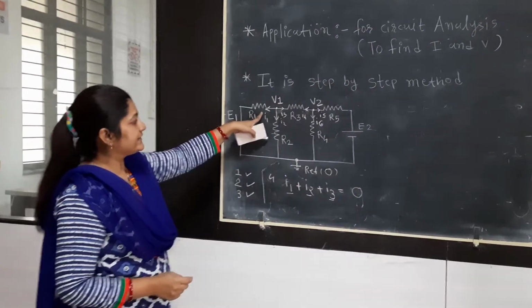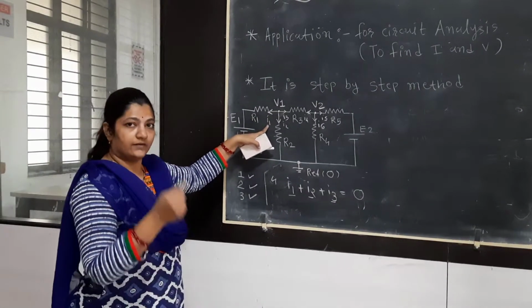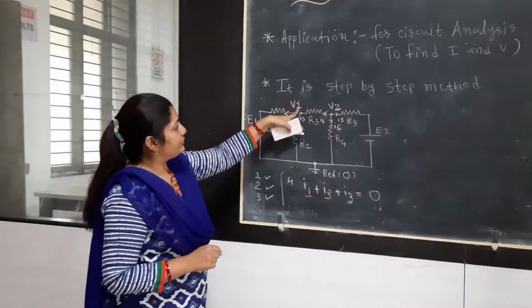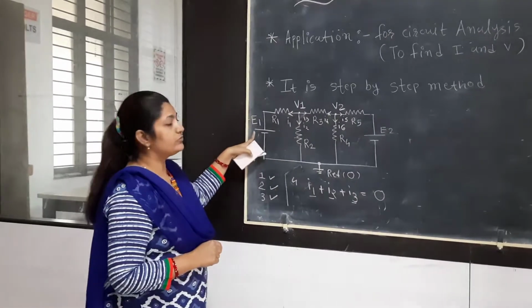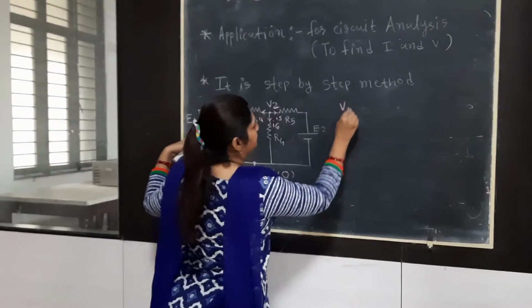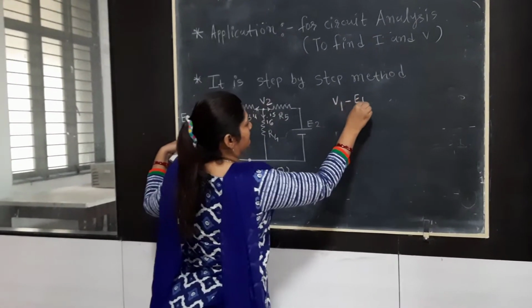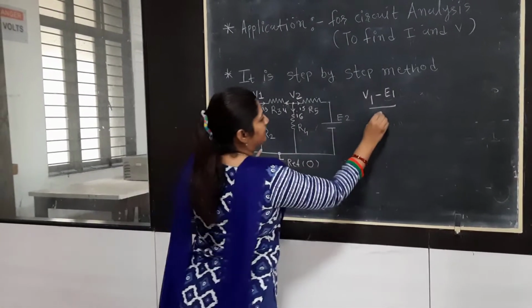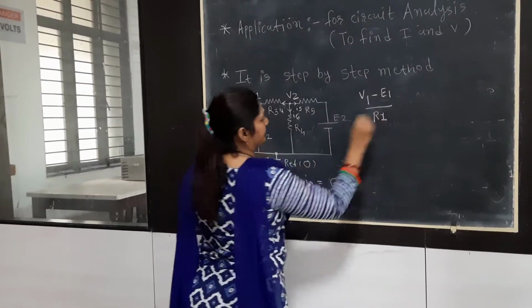As per the circuit and as per our assumption, I1 is flowing from potential V1 to E1. So obviously we can replace I1 with V1 minus E1, that is the potential difference, and the resistive element is R1.